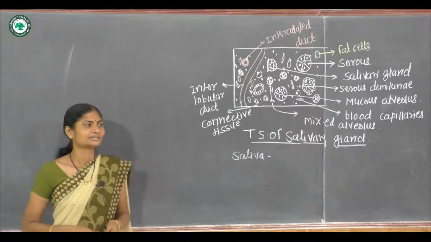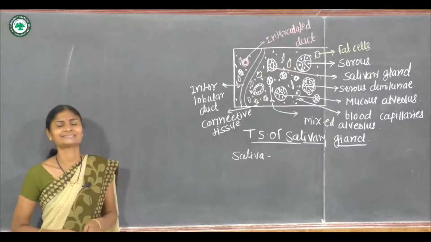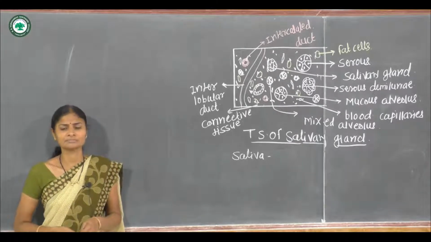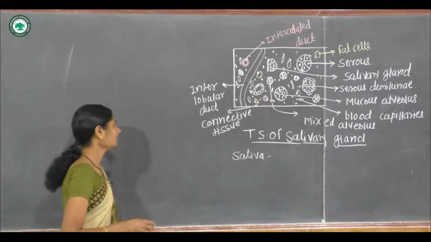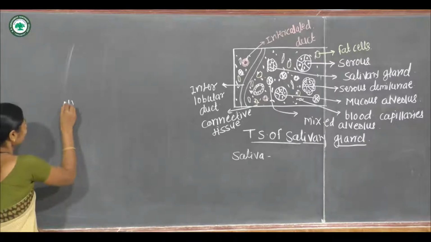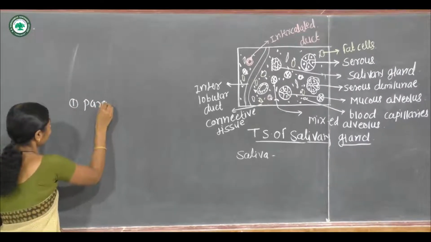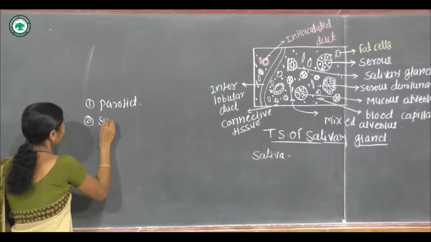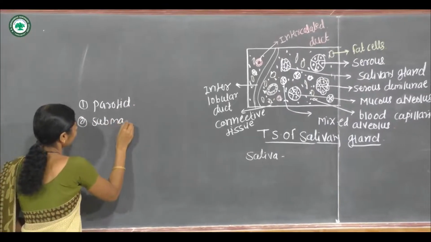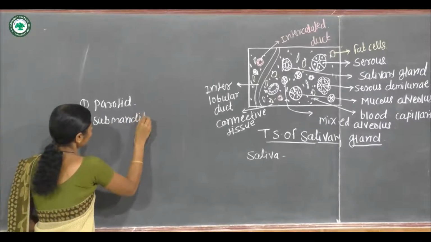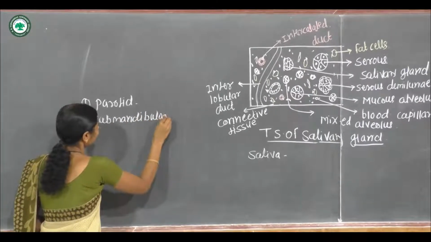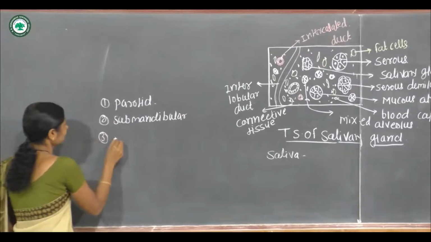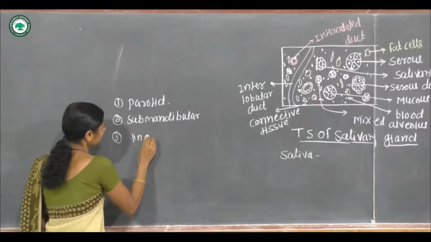Three types of salivary glands are present. The first gland is the parotid gland. The second gland is the submandibular gland, also called the submaxillary gland. And the third one is the lingual gland.